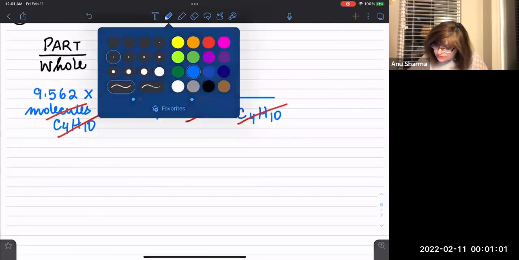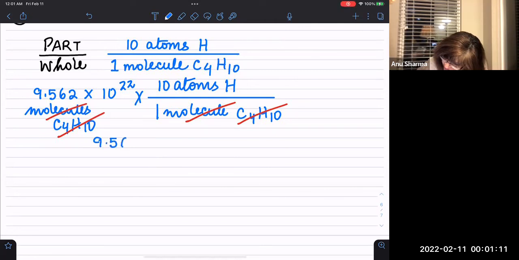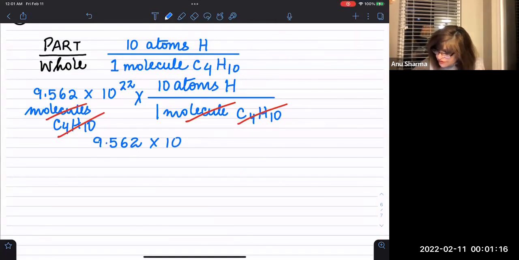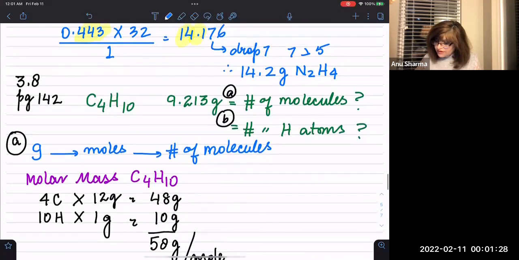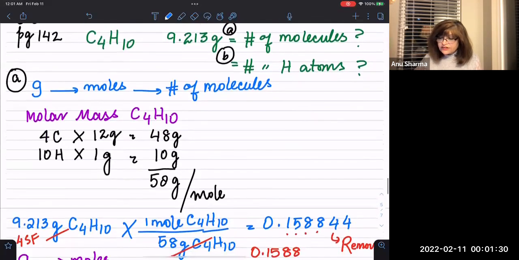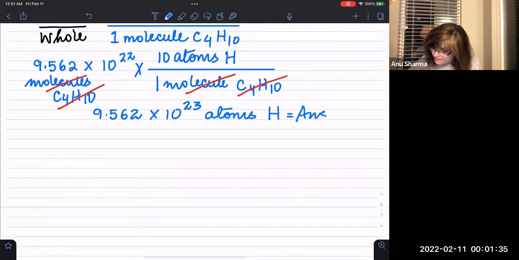All you need to do is multiply, so this becomes 9.562 times 10 to the power 23 atoms of hydrogen present in the initial 9.213 grams. And that is the answer.